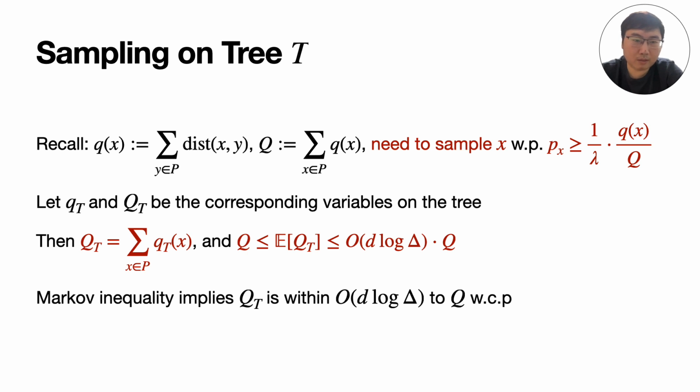This is because this capital Q is a sum of all the little q's, and this is a common denominator, so we don't need a union bound. We only need to use a Markov inequality to show that with constant probability, this capital Q, the sum of little q's, is within order d log delta of the true value.